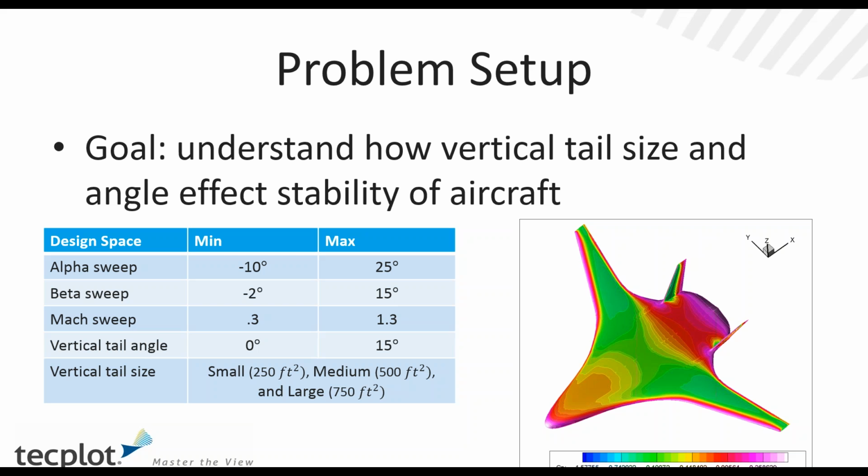We did beta sweeps from minus 2 to 15, and Mach from 0.3 to 1.3. The vertical tail angle we varied from 0 degrees to 15 degrees, and the vertical tail size varied from small, which is 250 square feet, to large, which is 750 square feet, and we'll walk through those as well.